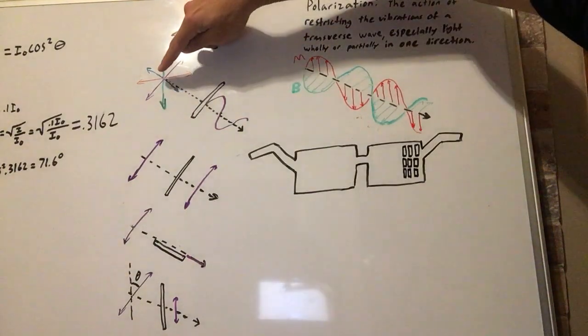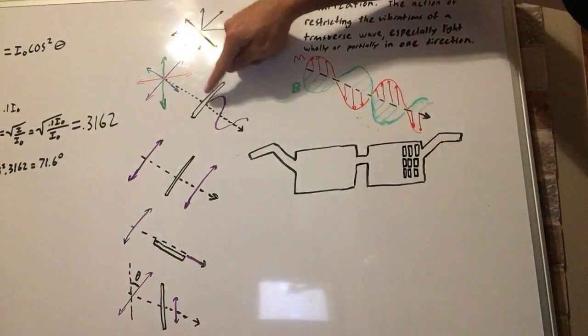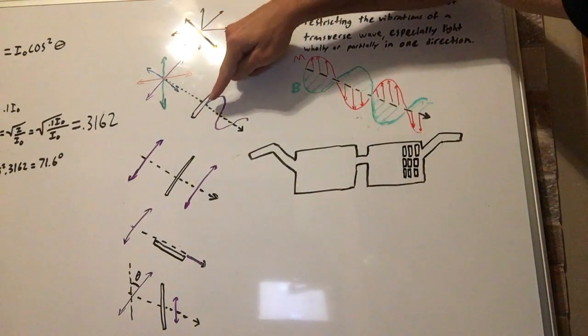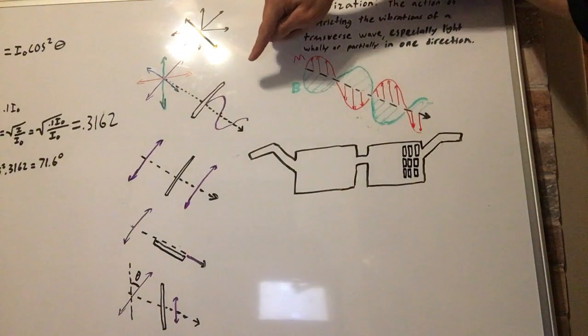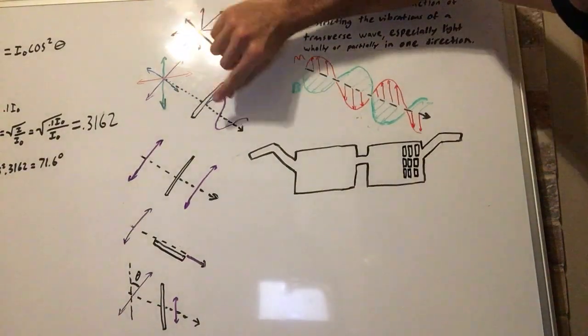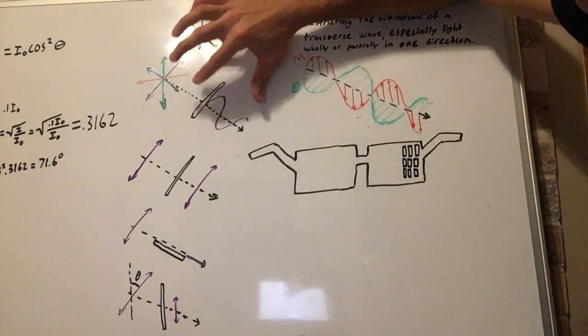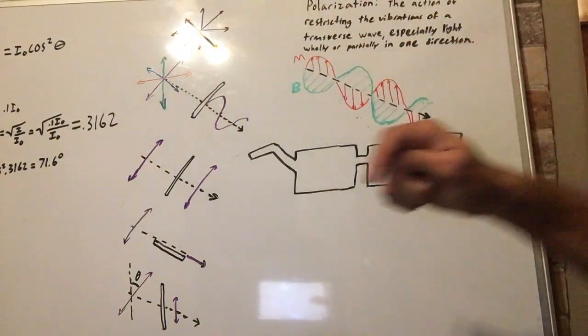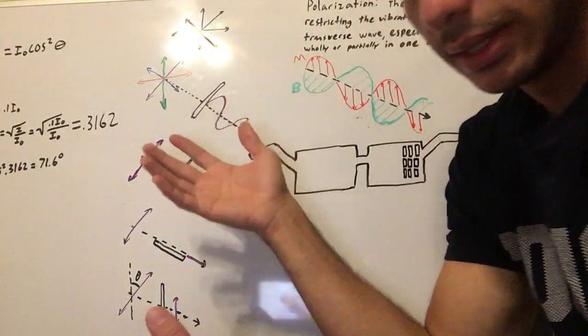If we bring it through a polarizing filter, only one component is left over: the component that matches the direction of the filter. Now we have polarized light.